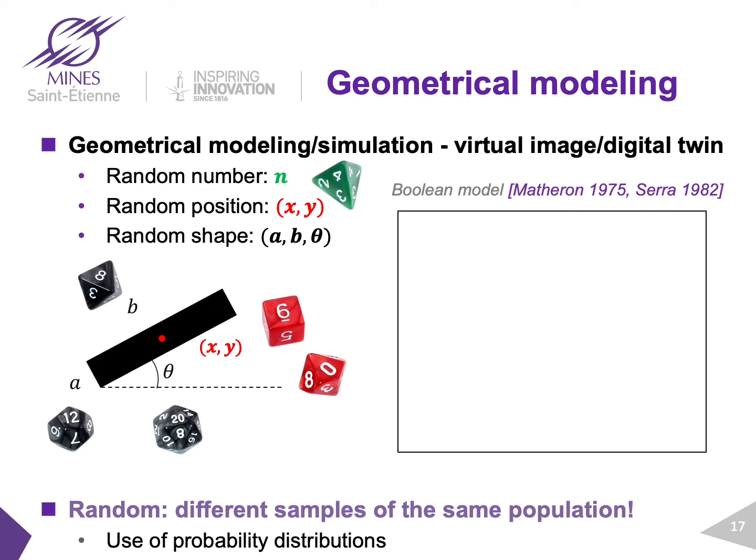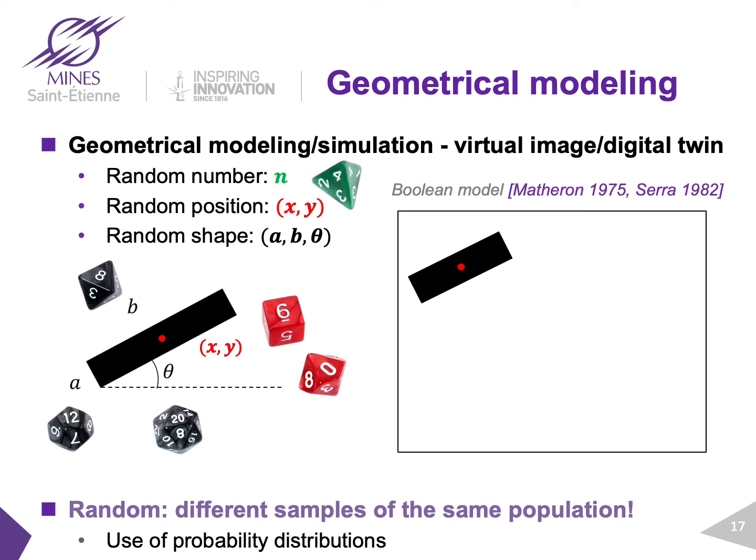So I have to get a number of rectangles to simulate my population. So I can throw the green die and imagine I get the value n equals 8. Okay, so I start with the first one. I throw the red dice to have just one position, x and y, you can see here, and also the black dice to have a specific a, b, and theta. So I have a first rectangle related to these random values. And I continue because, as I told you before, my green die gives the value n equals 8.